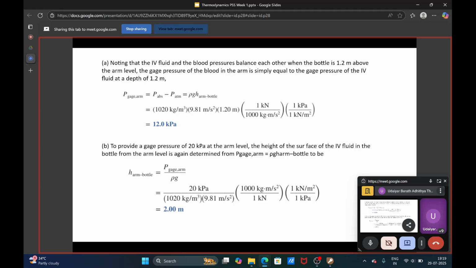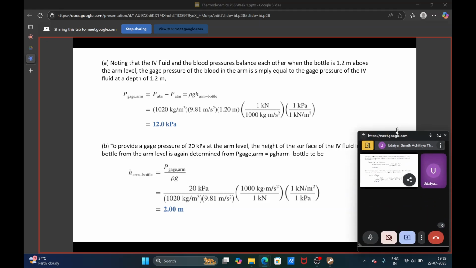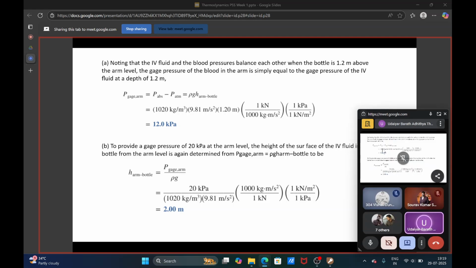So the reference is your atmospheric pressure. The actual pressure minus atmospheric pressure gives you gauge pressure. It's just that instead of your datum being 0, now you have moved it to atmospheric pressure. That's the difference between absolute and gauge. Is it clear? Yes, sir. It's just a point of reference, that's it.